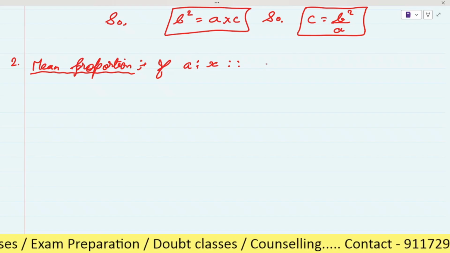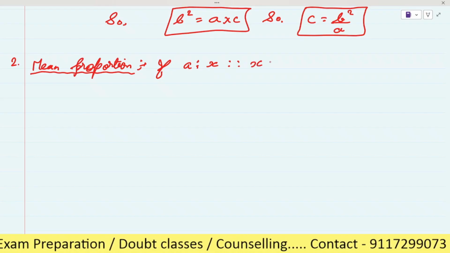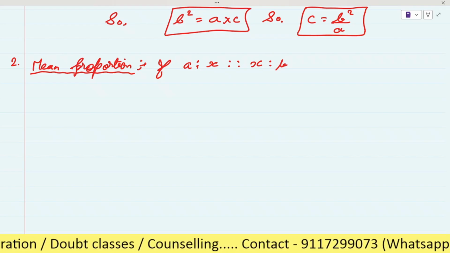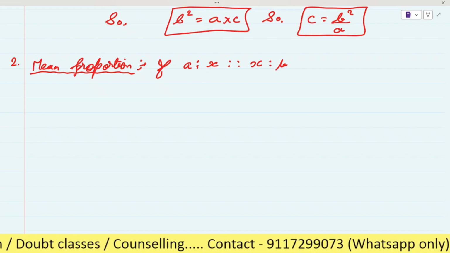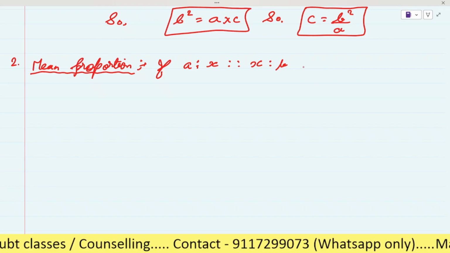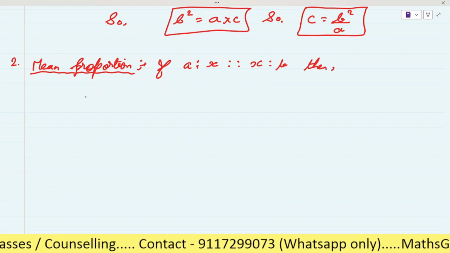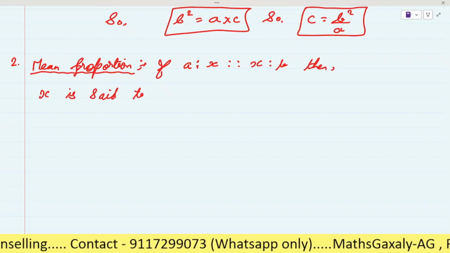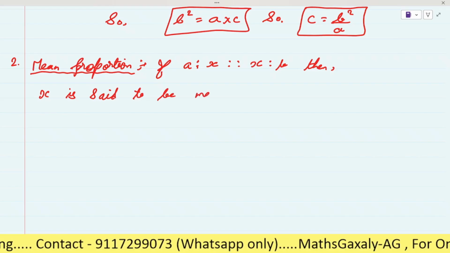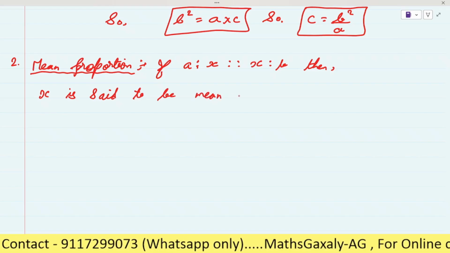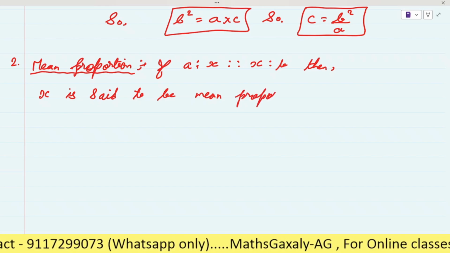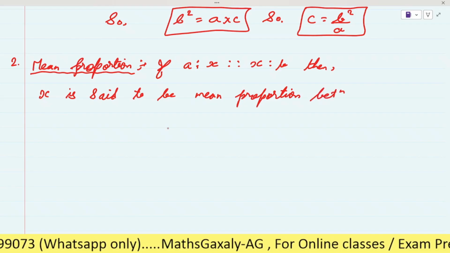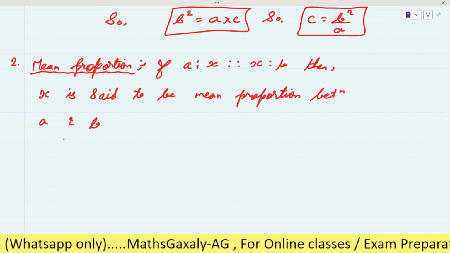A is to x is proportional to x is to B. You can also take A is to B is proportional to B is to C. Then here x is said to be mean proportional between A and B.